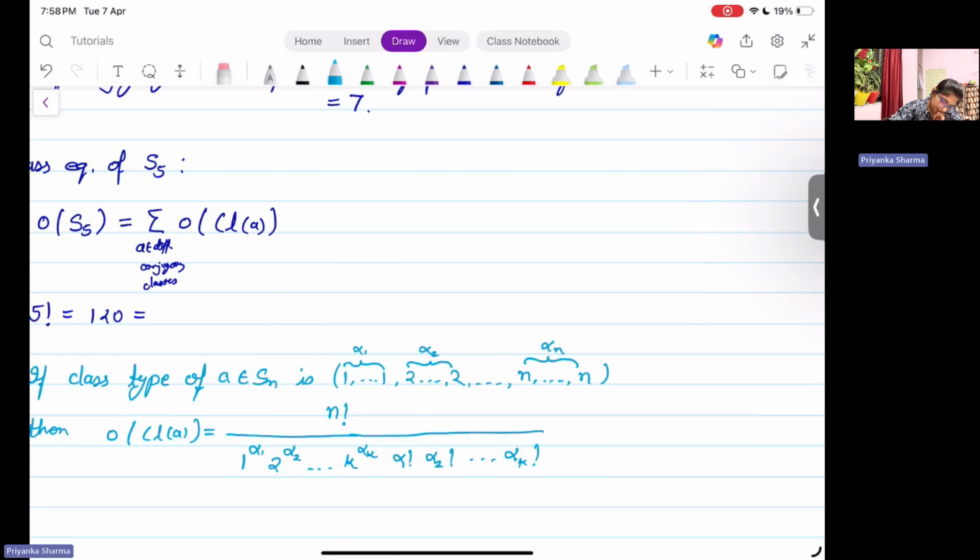So this will be 1 to the power alpha 1, 2 to the power alpha 2, and this will be n to the power alpha n.